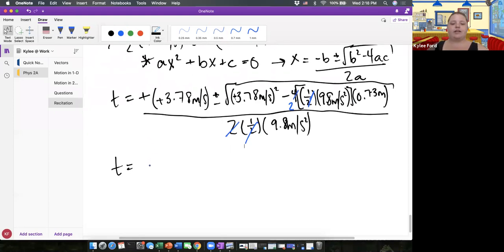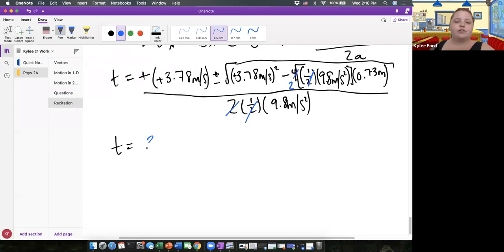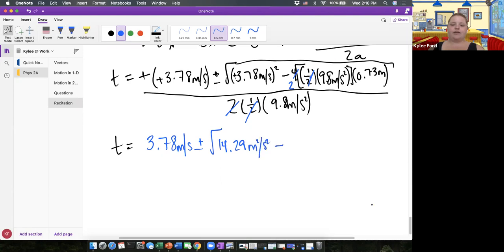So I'm gonna go ahead and write down here what I have so far, 3.78 meters per second, plus or minus. And then I'm gonna square this here, so 3.78 squared is 14.29 meters squared per second squared, minus multiplying all that out, 2 times 9.8 times 0.73.